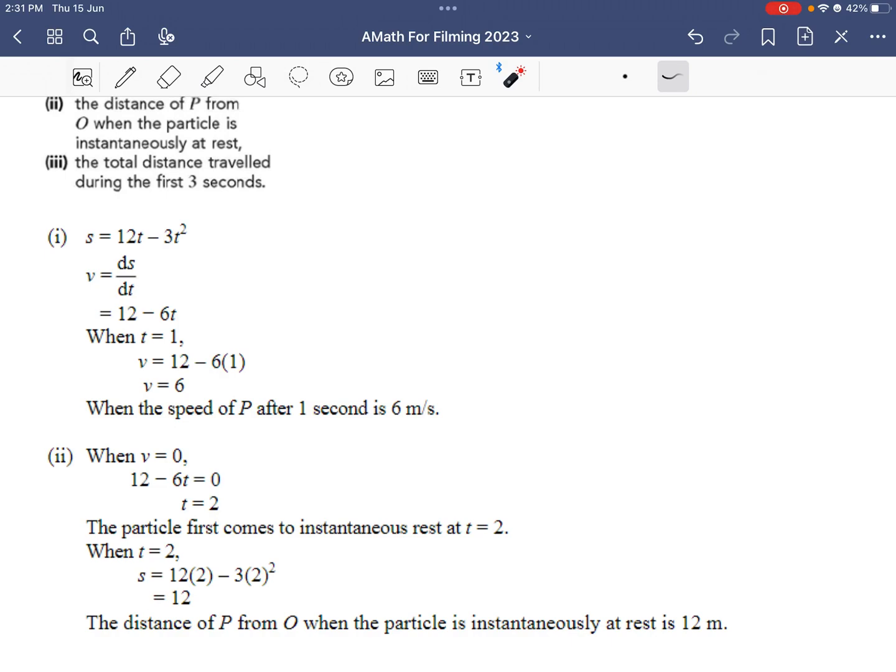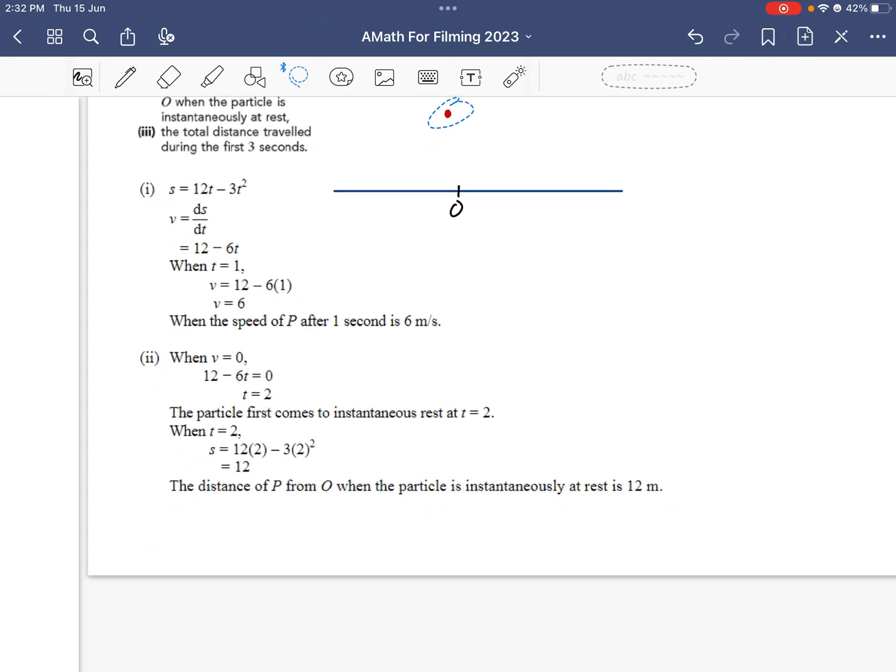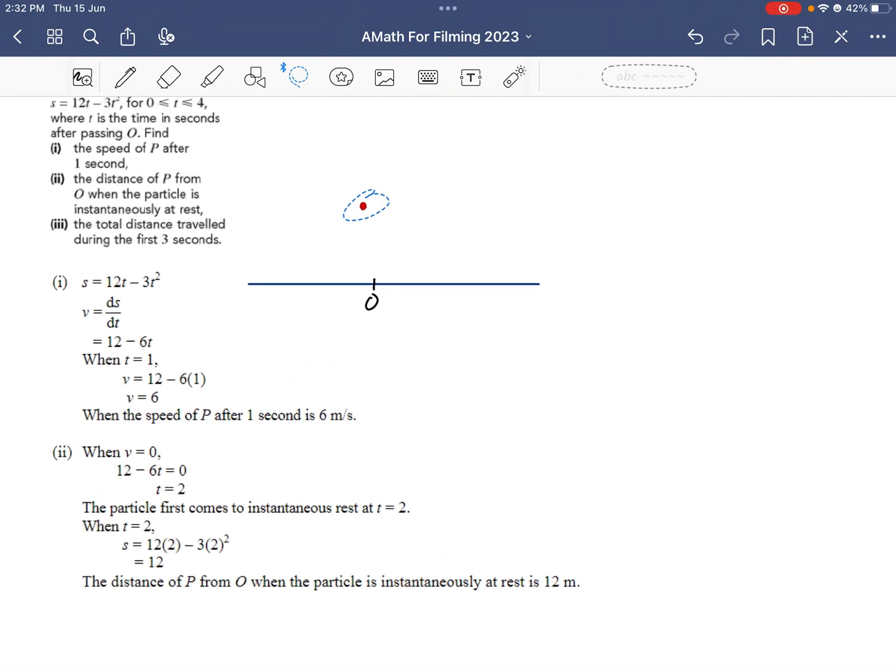So again, it will be helpful if I show you a diagram. Let's say there's a plane here like this. Here, this is the starting point. So the particle will move, and after 1 second the speed is 6 meters per second. After 2 seconds, it comes to a rest. Rest means it U-turns, then you go back here again.